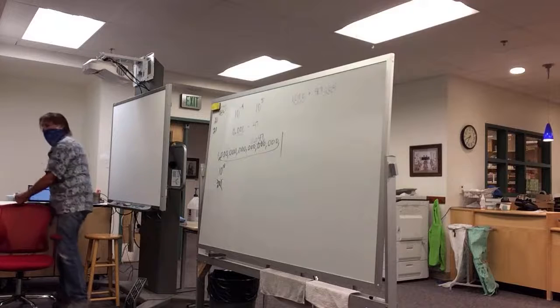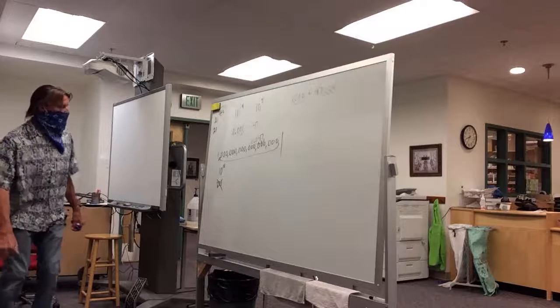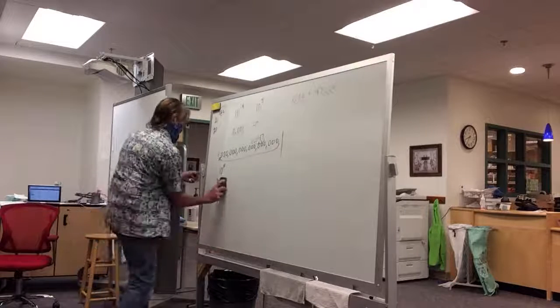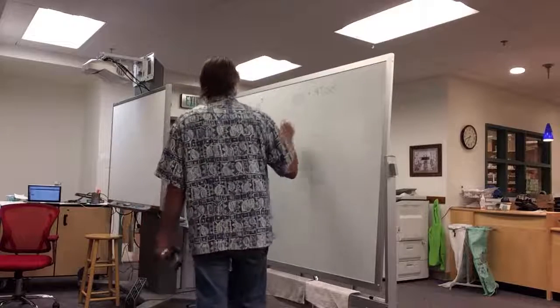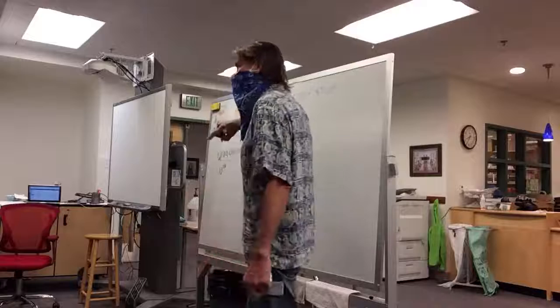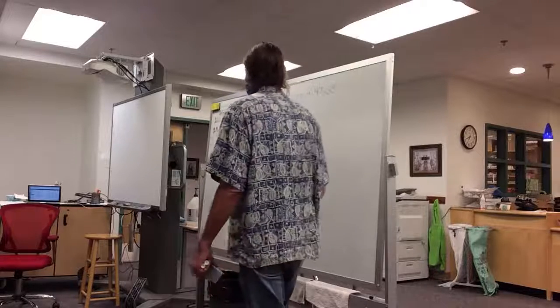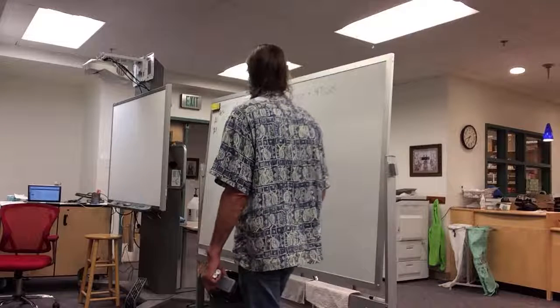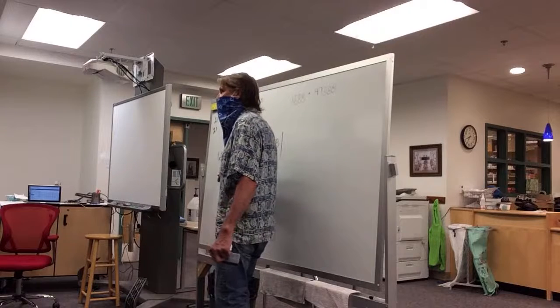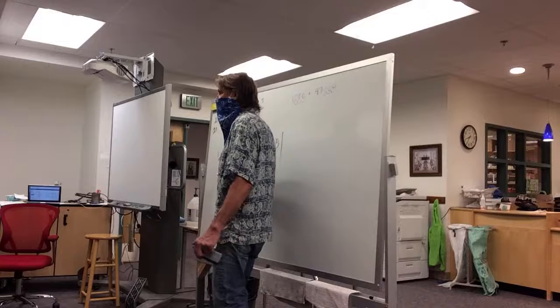Okay, so this would be quintillion, but the quintillionth would be 1 over that, right? And it says to do it as a power of 10. Well, this is a power of 10. I just did quintillion, my mistake.